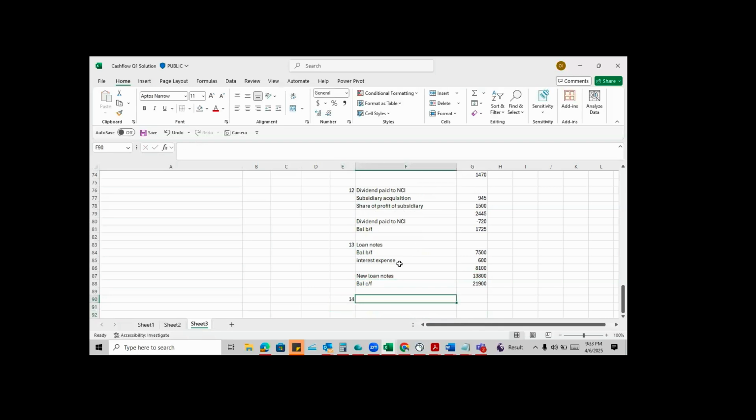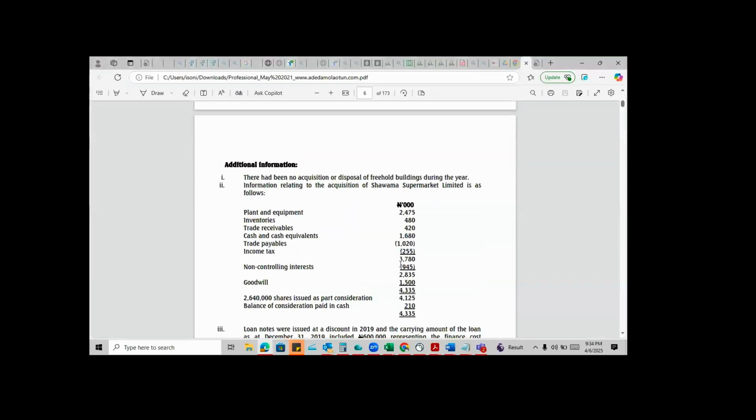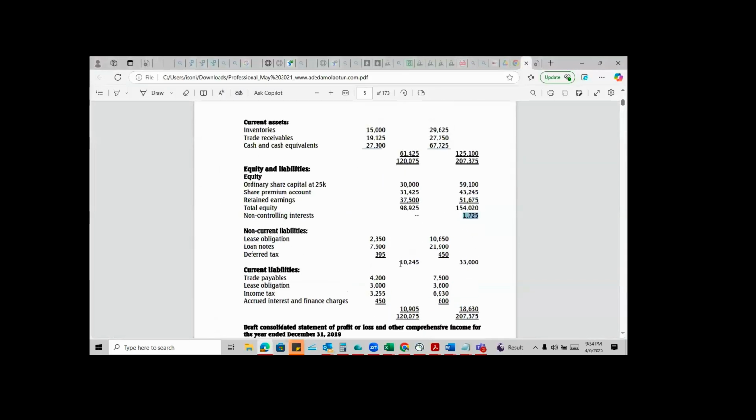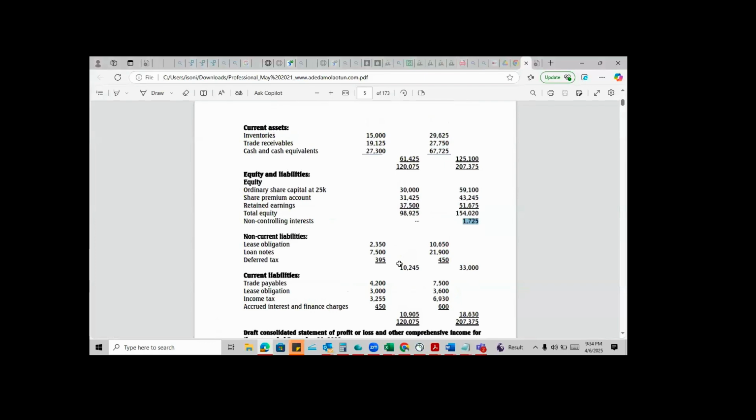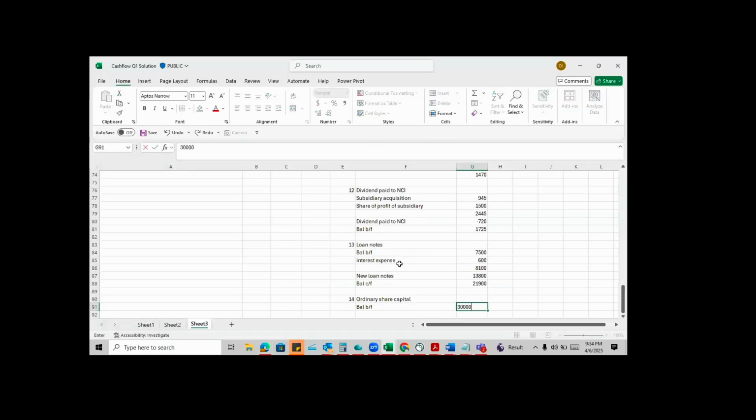Balance brought forward here was 30,000 naira. Now don't forget that we issued shares.